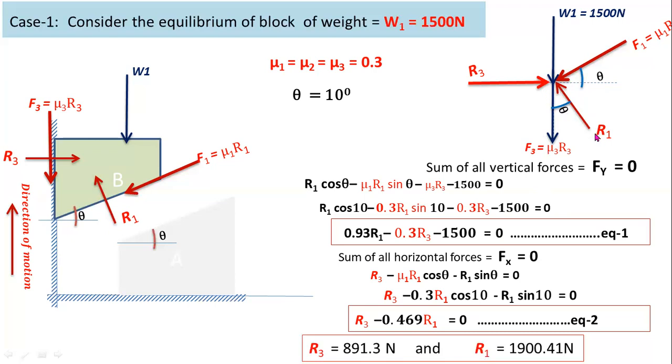Here R1 makes an angle theta, so R1 sin theta is the x component. Here F1 makes an angle theta with respect to horizontal, so F1 cos theta is the x component. Now substituting the values of mu1 and theta in this equation, you get R3 minus 0.469 R1 equals 0. Let this be equation number 2.